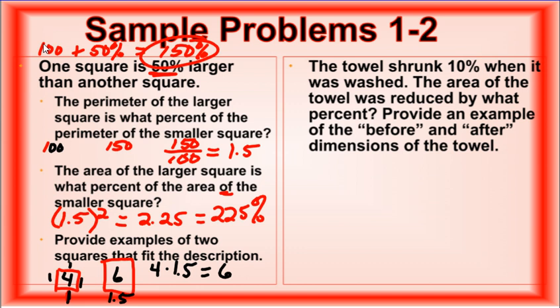So first off, the towel shrunk 10%, that's 10% on each side. So if it's 100% before you put it in the washer and dryer, now it shrunk 10%, so I'm subtracting 10% from that. That will give us 90%.